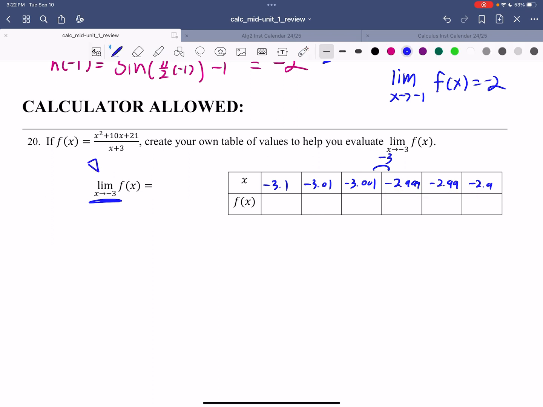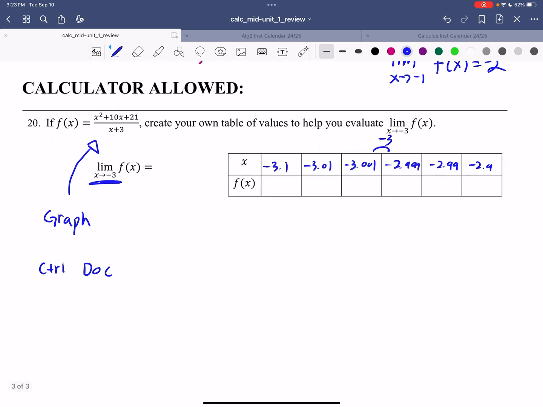If you have a calculator, first, you're going to make sure you cleared everything, get a new document, and then first, you're going to put this one into the graph. After that, you're going to press control document. After you press control document, you're going to go to add calculator. Remember, add calculator, and you're going to click variable.